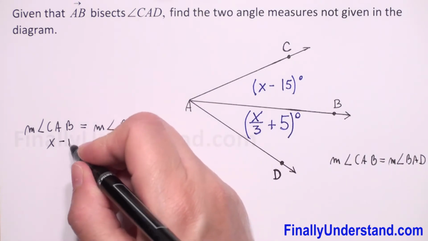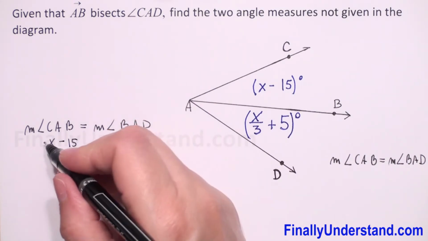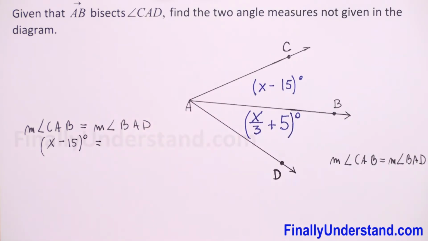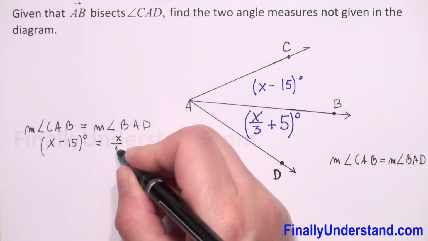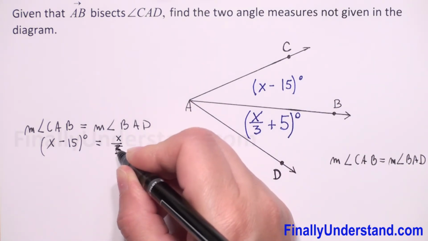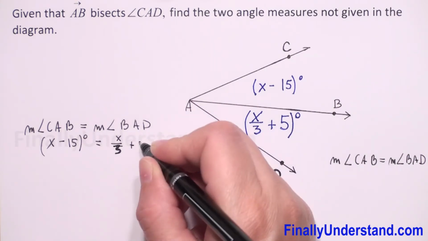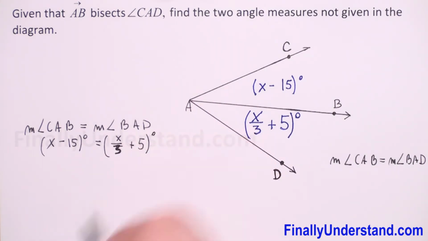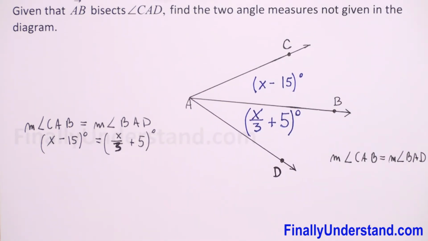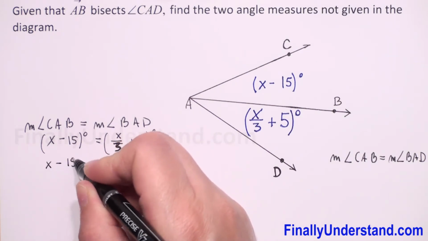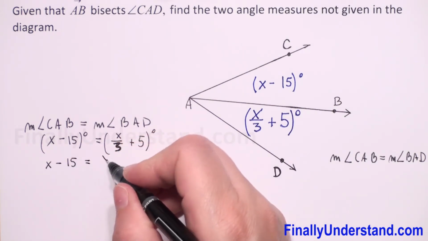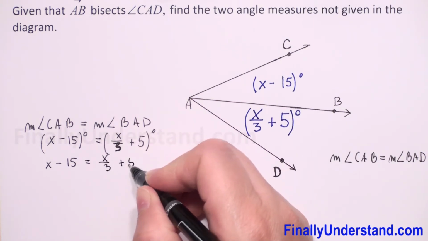We have x minus 15 degrees is equal, the measure of angle BAD is x over 3, of course, plus 5 degrees. So let's forget about degrees. We have to find x first, because we need to find the measure of these angles. So we have x minus 15 is equal to x over 3 plus 5.